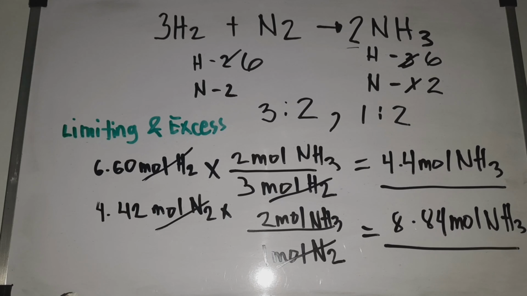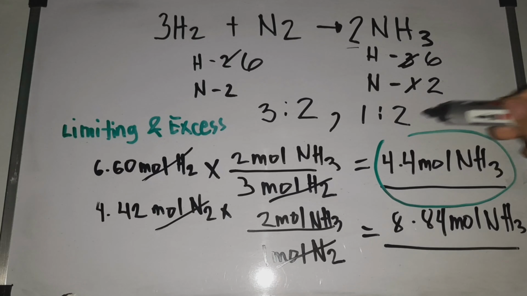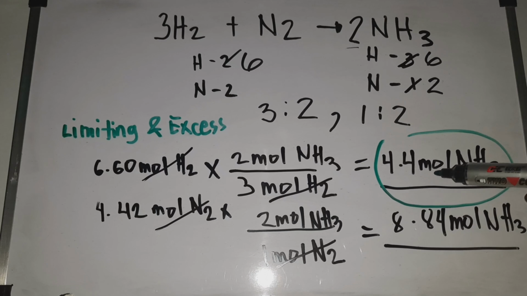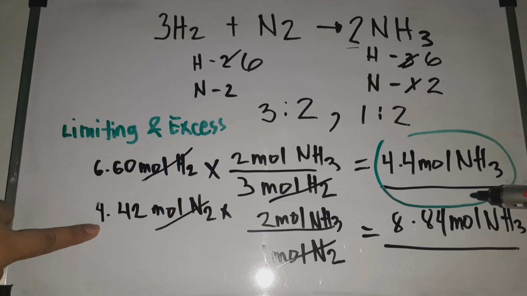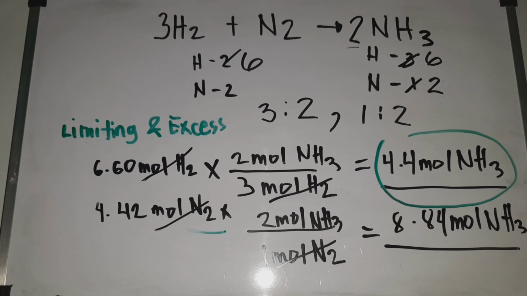So as we can analyze the products, we can say that this is the limiting reagent, H2. Why? Because it will be the first one to diminish in the chemical reaction. So therefore, N2 will be the excess reagent.